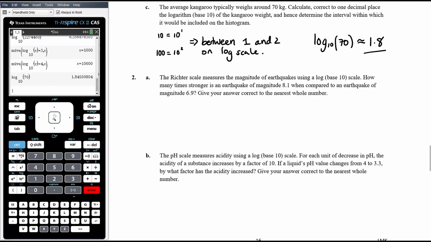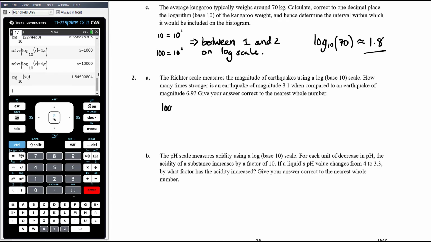Okay, question 2. The Richter scale measures the magnitude of earthquakes using a log base 10 scale. How many times stronger is an earthquake of magnitude 8.1 when compared with an earthquake of magnitude 6.9? Give your answer to the nearest whole number. Okay, so we know that an earthquake of magnitude 8.1, let's work out what that actually means.